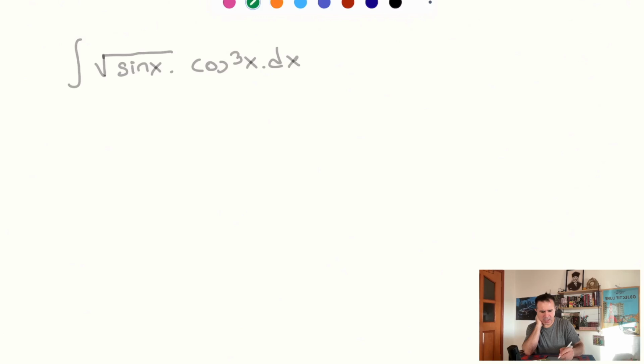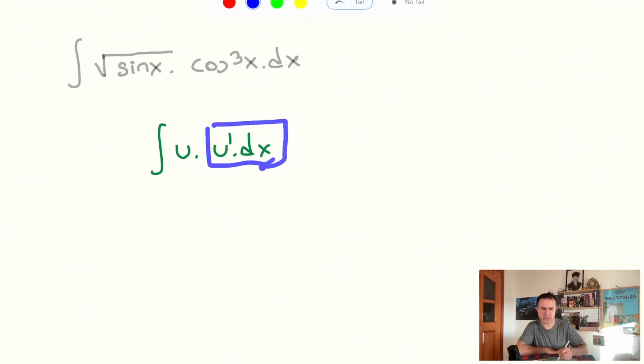If we have an integral of a function u, and if we have its derivative multiplied by dx, we can use substitution.